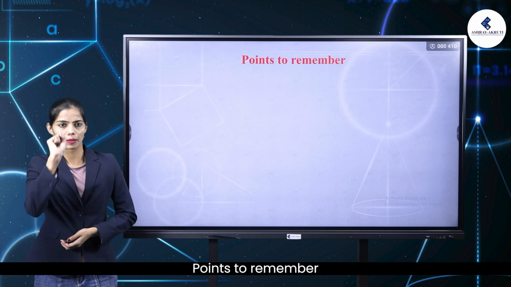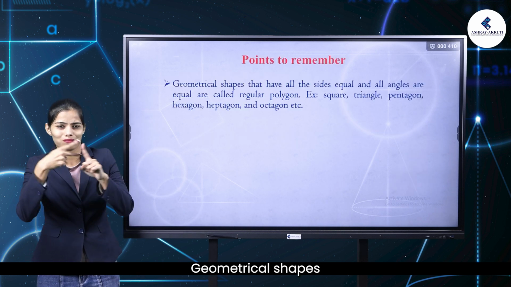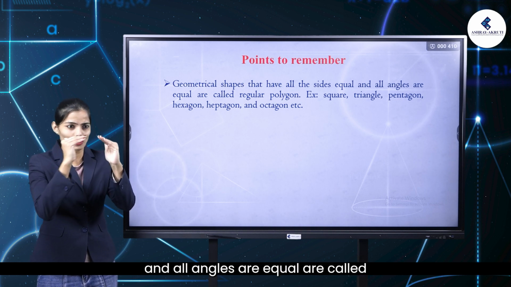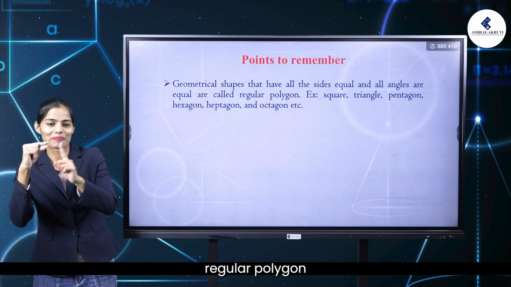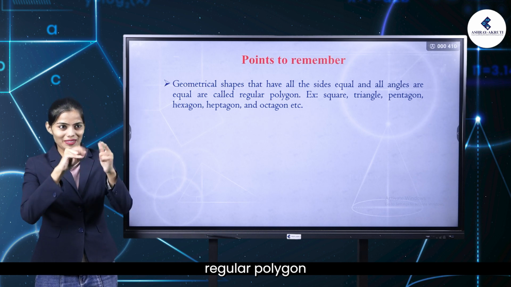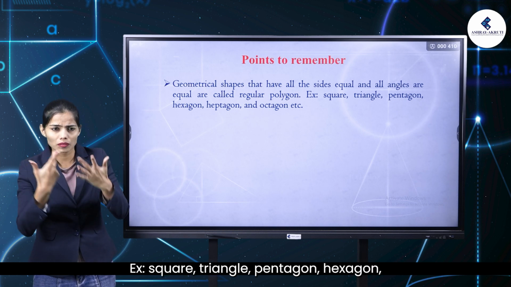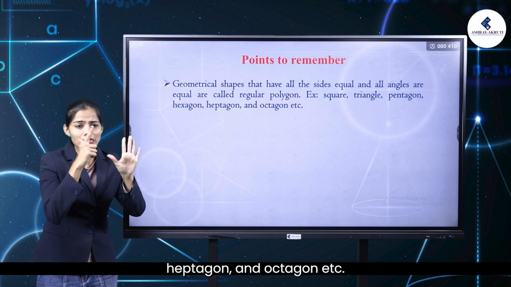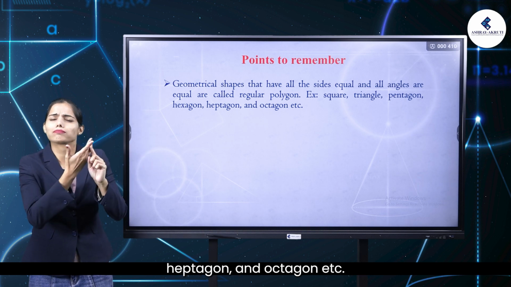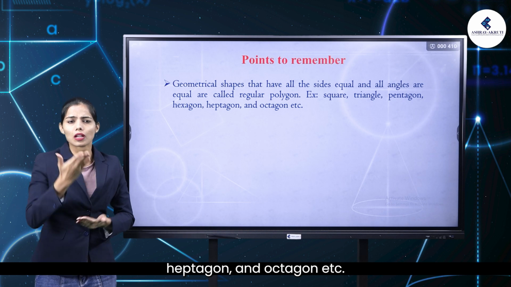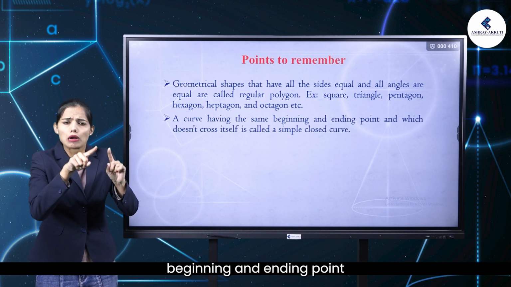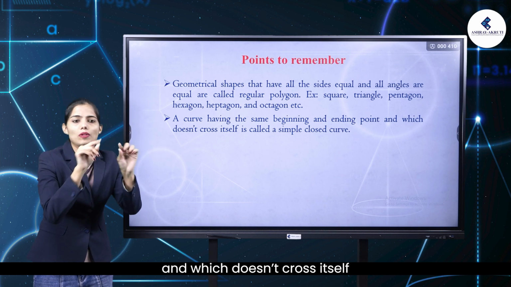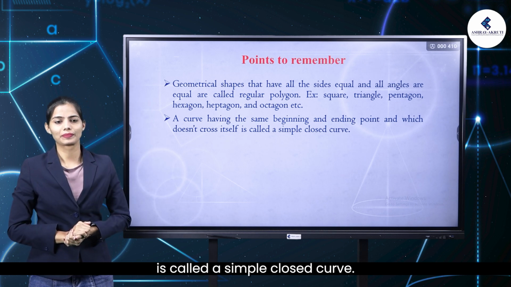Points to remember. Geometrical shapes that have all the sides equal and all angles equal are called regular polygons. Example: square, triangle, pentagon, hexagon, heptagon and octagon, etc. A curve having the same beginning and ending point and which doesn't cross itself is called a simple closed curve.